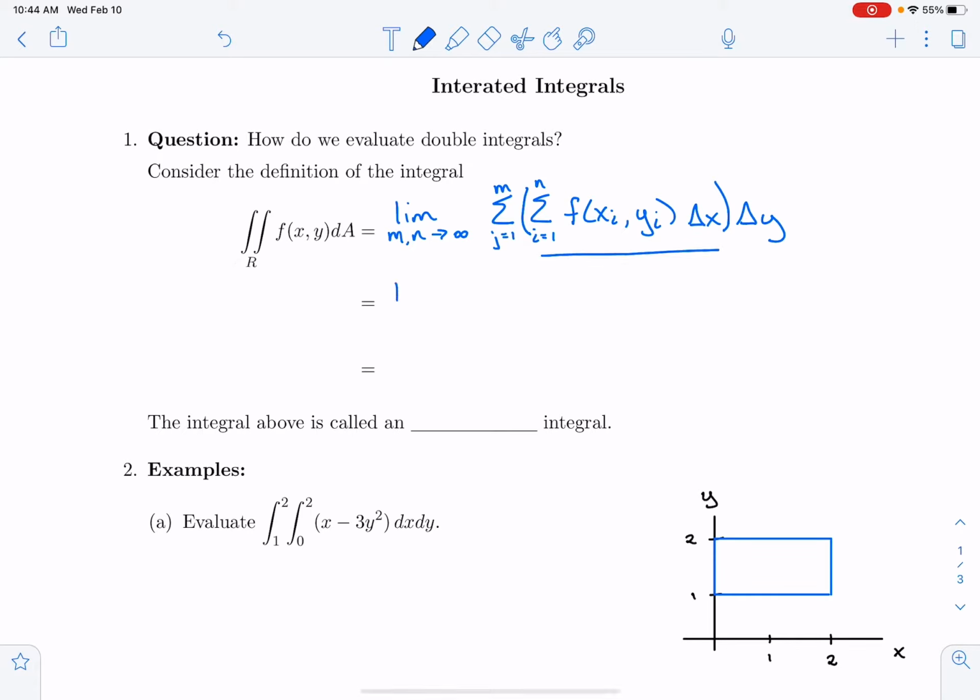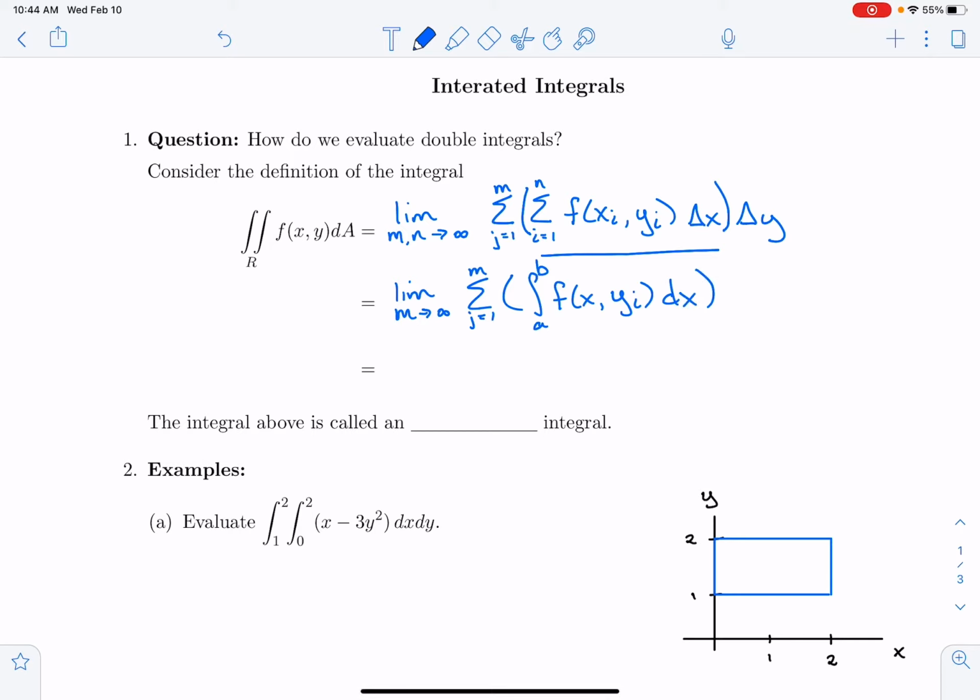So I can rewrite this as the limit as just m goes to infinity of the sum from j equals 1 to m of, and then inside the parentheses, an integral, say from a to b, because that's the limit of that Riemann sum, of f of x, y sub j, dx.